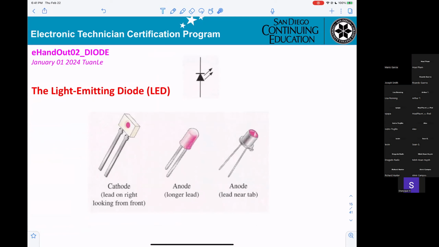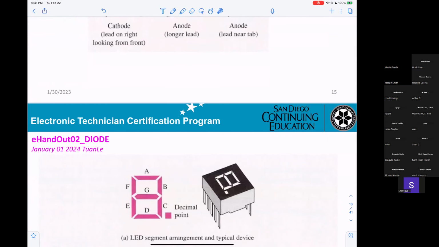LED, you know, that's a light. Light emitting diode. When they get positive and negative, they will be turned on, and the light. Okay, wait, can you repeat that?